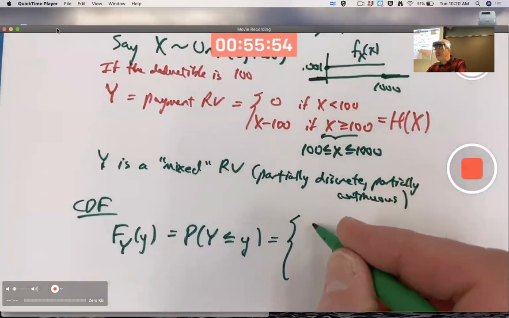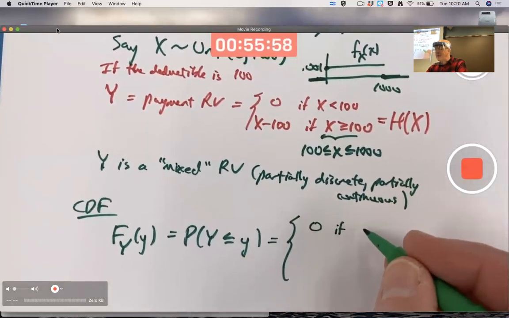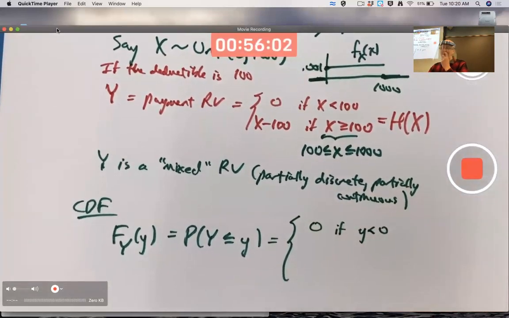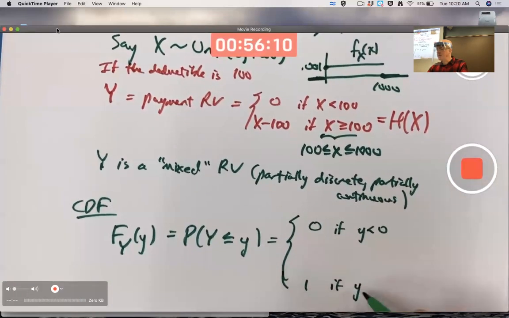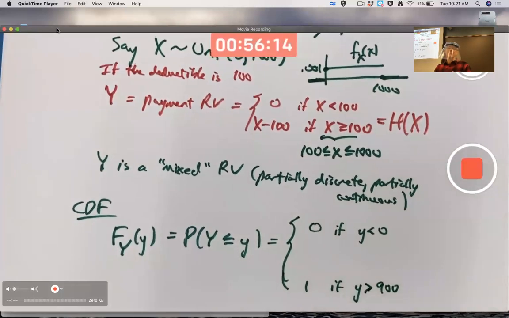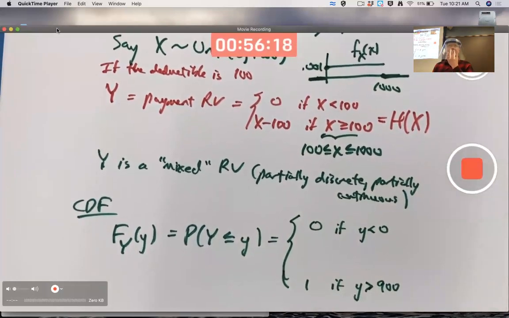The CDF will equal 0 if little y is strictly less than 0. It is going to equal 1 if y is strictly greater than 900. What's a little confusing is what goes in between.